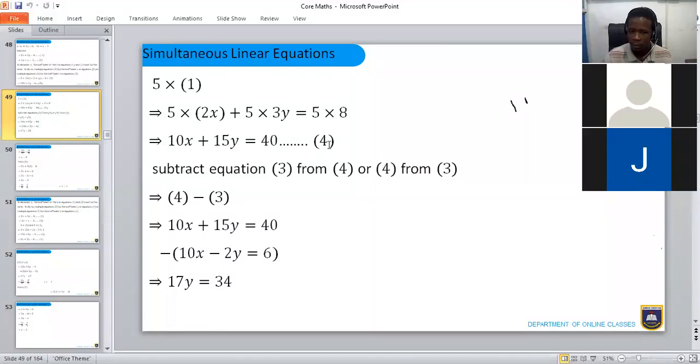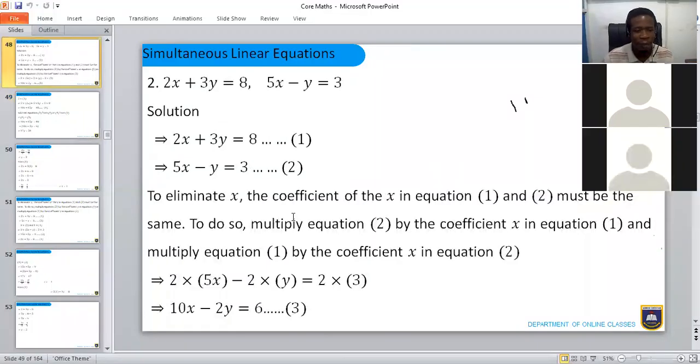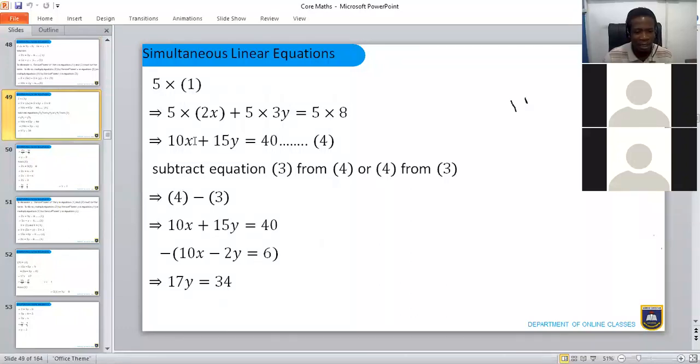Yes, please. So now we have two new equations. Equation 3: 10x minus 2y equals 6. And equation 4: 10x plus 15y is equal to 40. So now we are eliminating the x. From equation 3 and 4, you could see that the coefficients are now the same, 10x in both.